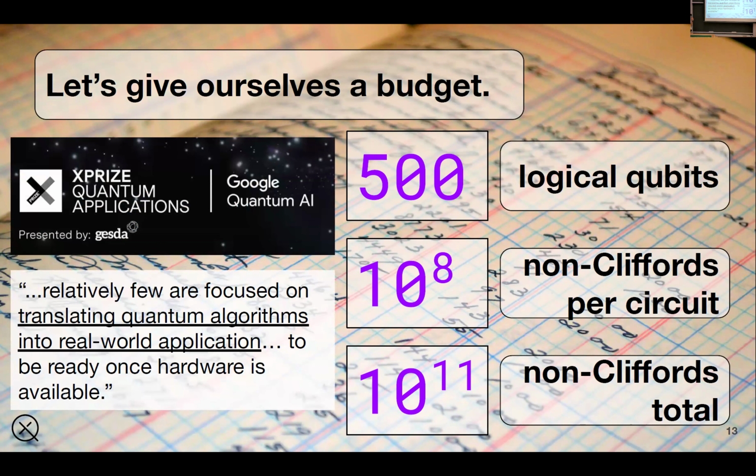In fact, Google Quantum AI just earlier this year announced a new X Prize that is offering money to different research teams and organizations specifically to target that regime. And we think this is a very exciting research opportunity to be focused on devising new algorithms and applications specifically for that kind of early fault tolerant regime.